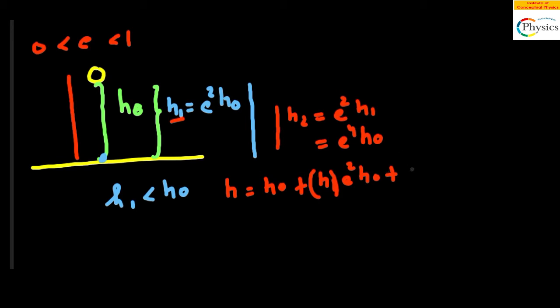And then it again went up. So it will be e^4 h naught and then e^6 h naught, so on and so forth. So, you can be asked what is the total sum of heights which it attained, from the first bounce.